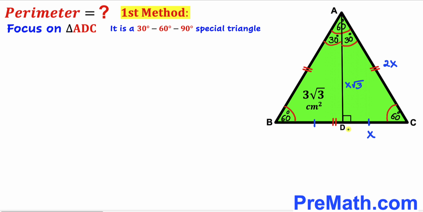And now let's make an observation once again. We know this segment CD is equal to this segment BD. If this is x, then this BD segment has got to be x as well. So therefore, this whole side BC is going to be 2 times x.